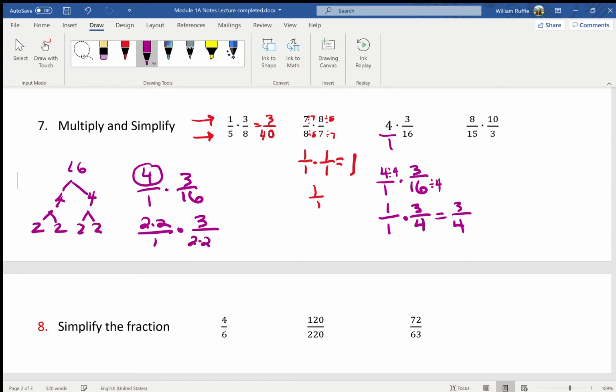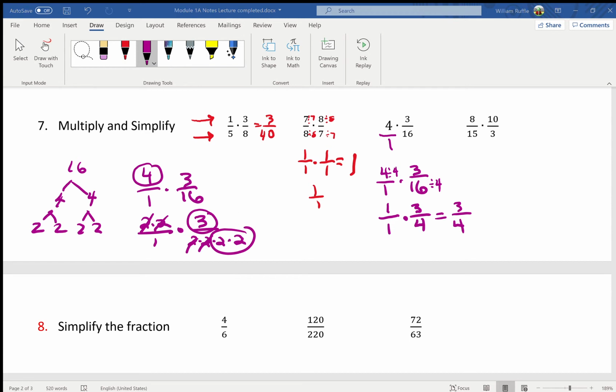So 1, 2, 3, 4. So then I can cancel 2s, 2s, 2s. Then I'm left with 3 over 4. They both work. The computer likes to show it this way. I like to do it the other way. Please feel free, whichever makes more sense to you. If you're getting them right and doing it properly, I'm good.